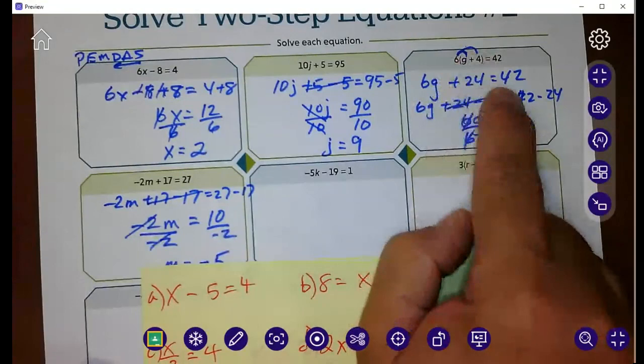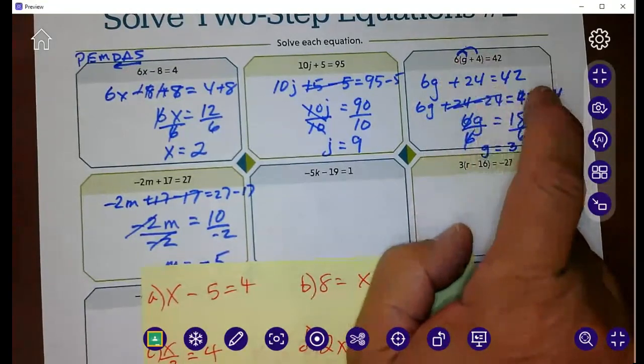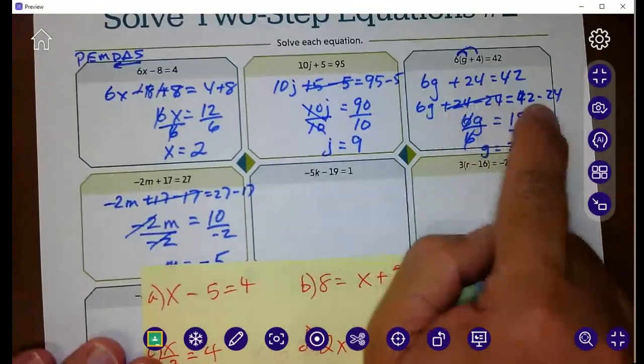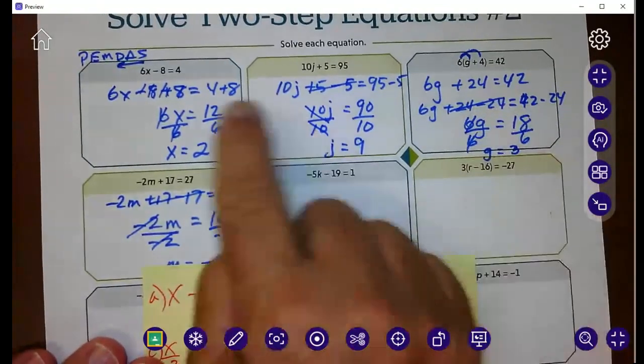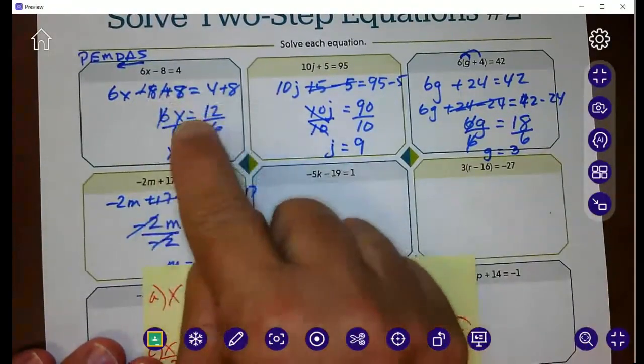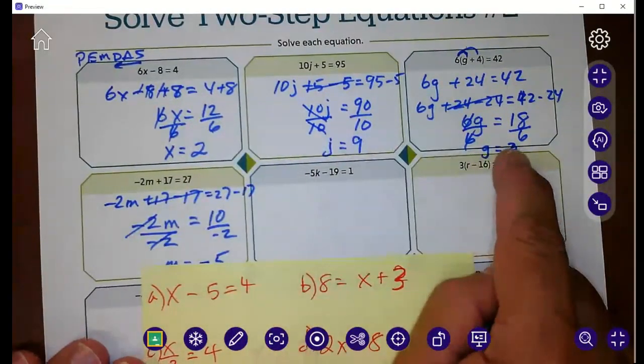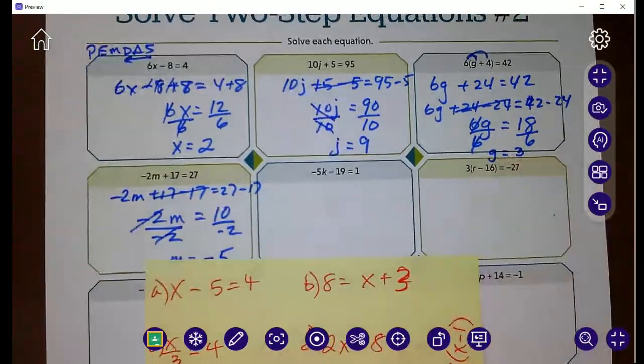Here we had to distribute first, so there was a little bit added to the problem beforehand, but then we were adding or subtracting something. And then after you do some adding or subtracting, you're doing some multiplying or dividing. The process ends up being exactly the same over and over again.